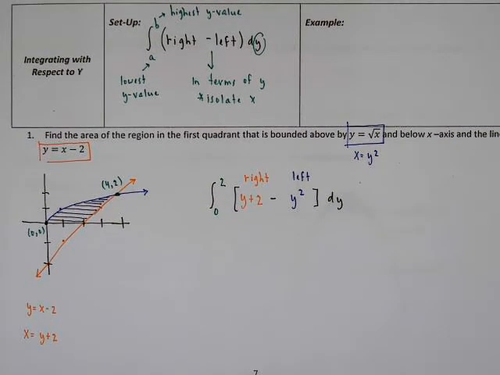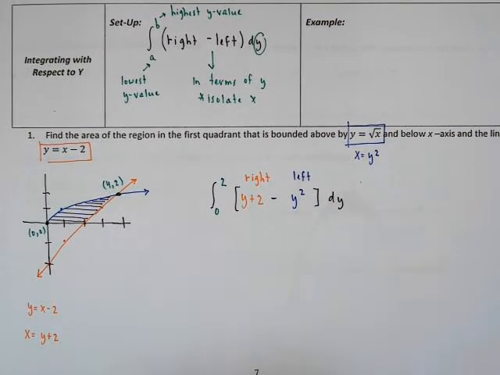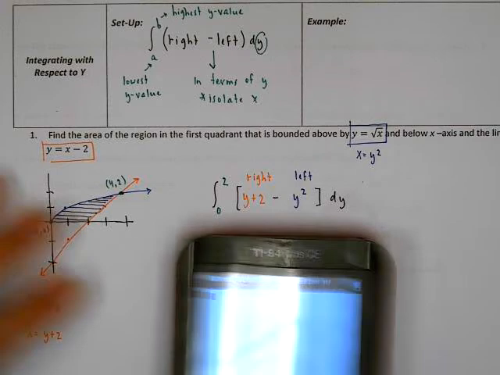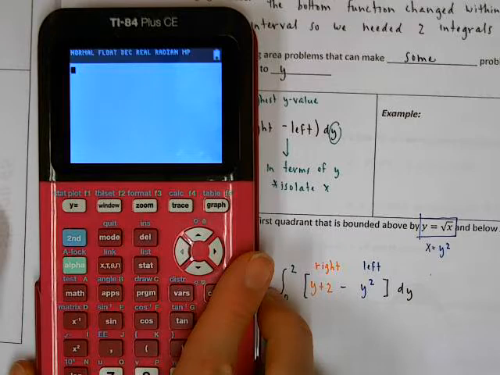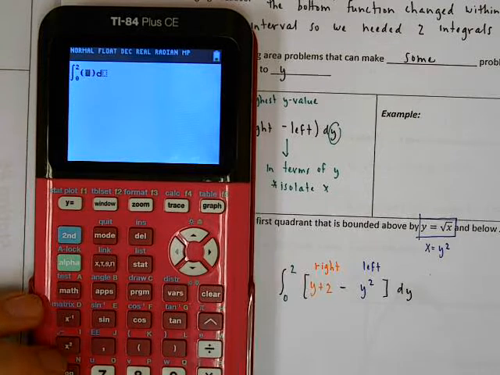All right, so that's our setup. Again, our right minus left. That's going to help us because now we only need to set up one integral. And that's when integrating with respect to y makes some problems easier. So now, for the interest of time, we're just going to use our calculator to do this integral. So let's see, Math 9 from 0 to 2.